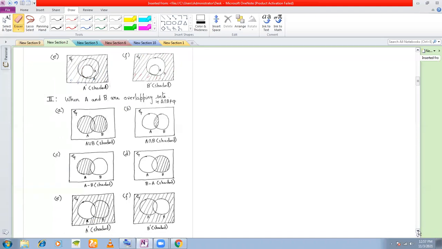Now, second case is when A and B are overlapping sets. Now, remember, if nothing is mentioned, if I give you a question like, represent the following sets by Venn diagram: A intersection B and B minus A. Okay.